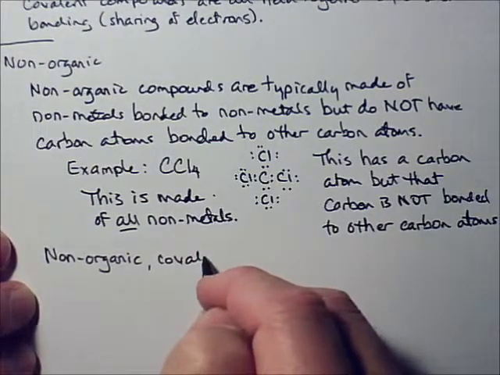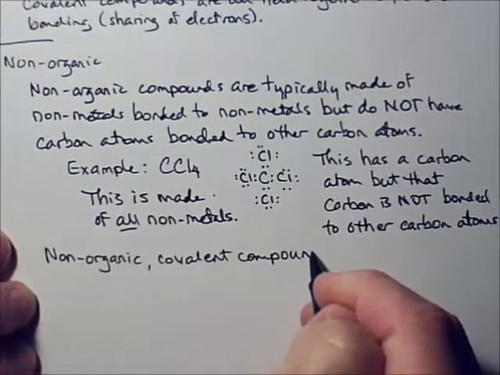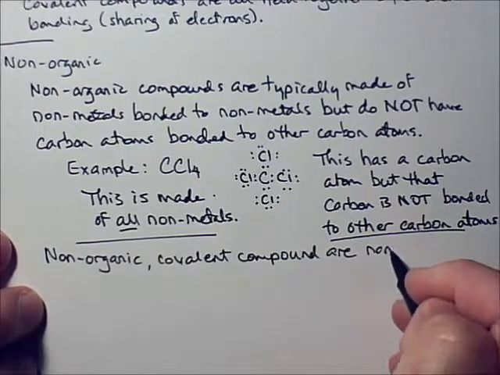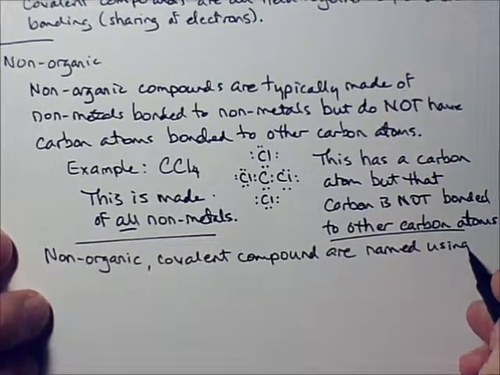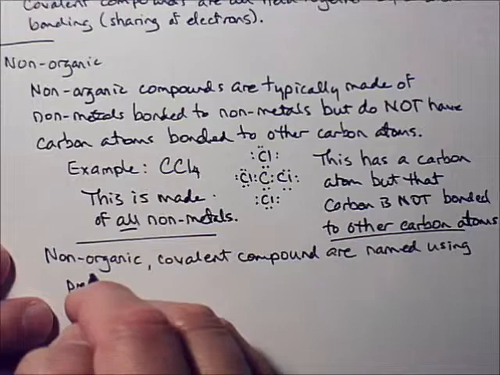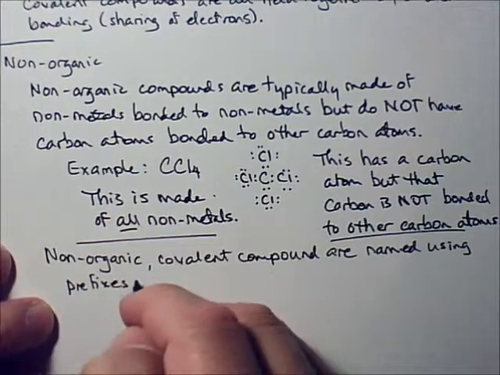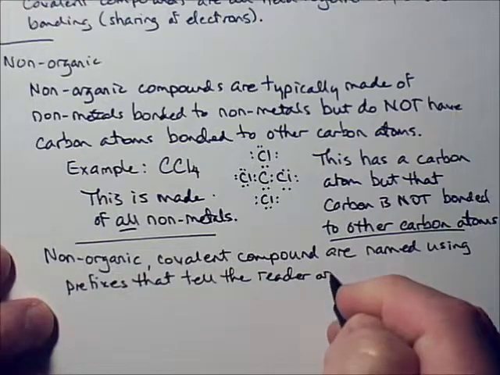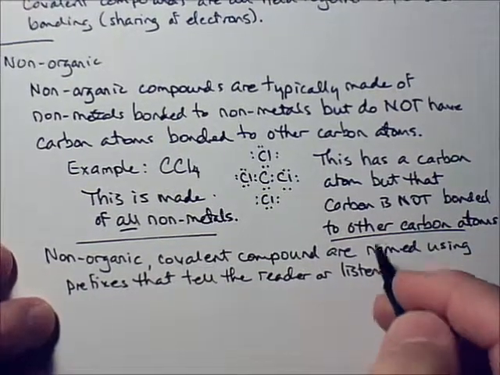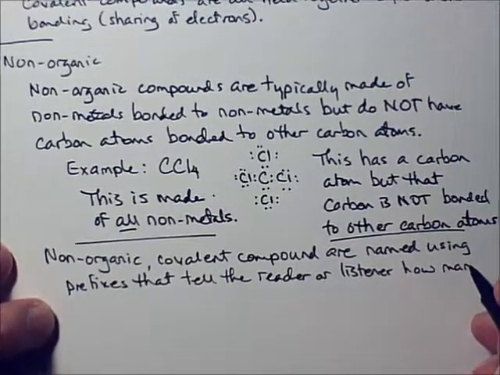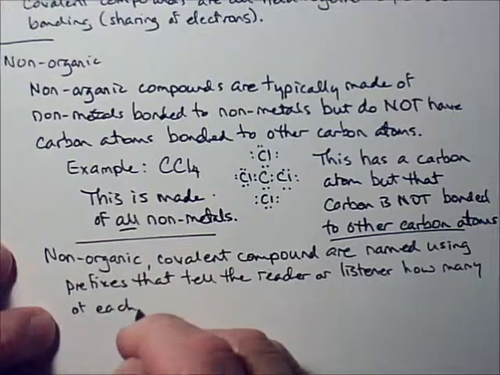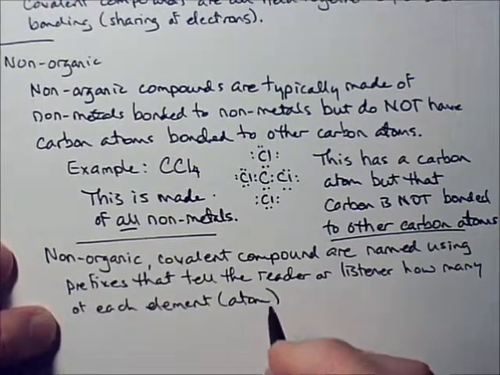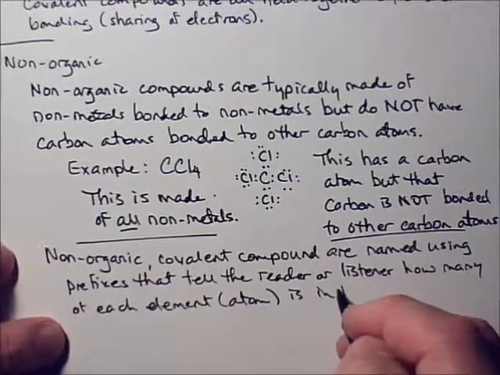So non-organic covalent compounds are named using prefixes that tell the reader or listener how many of each element, or atom really, is in the formula.